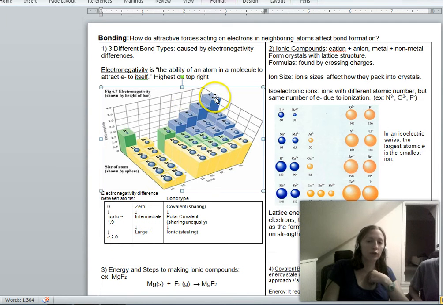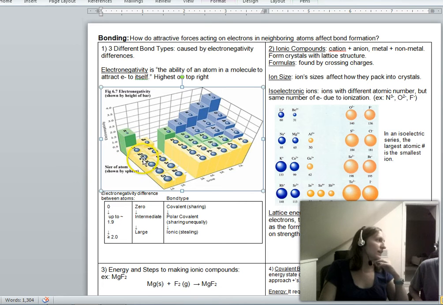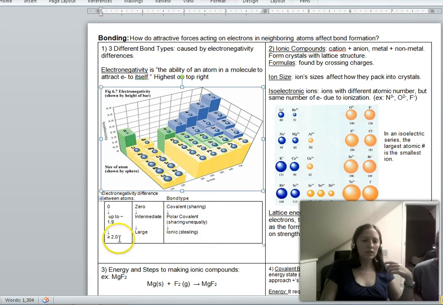So if you've got fluorine, which has a value of 4, and lithium, which has a value of about 0.8, 4 minus 0.8 gives you 3.2. That's bigger than 2, so you have an ionic bond between lithium and fluorine. Anything with a difference greater than 2 is an ionic bond.